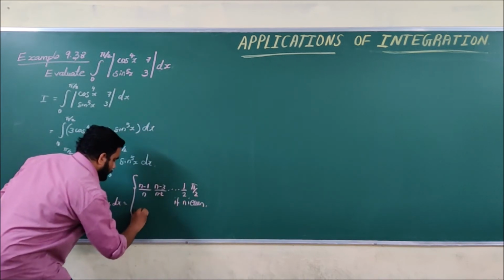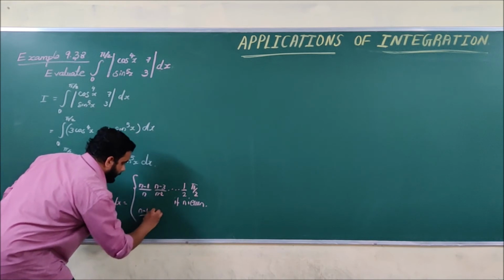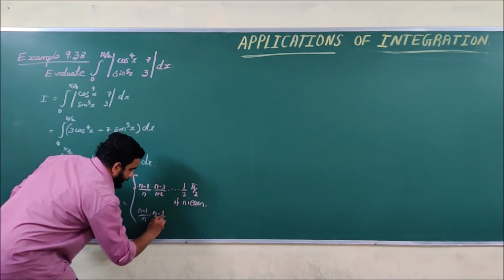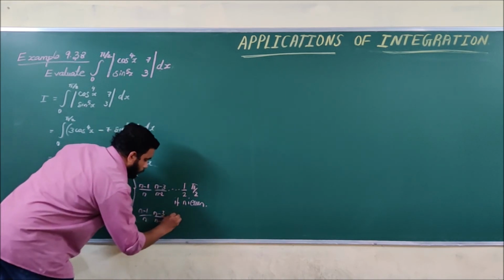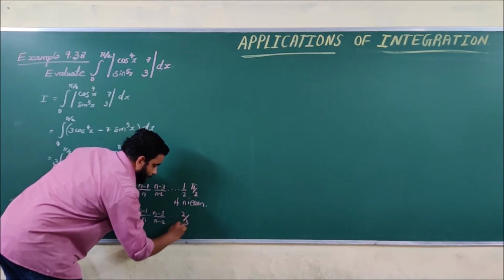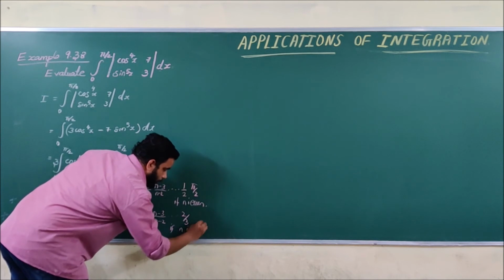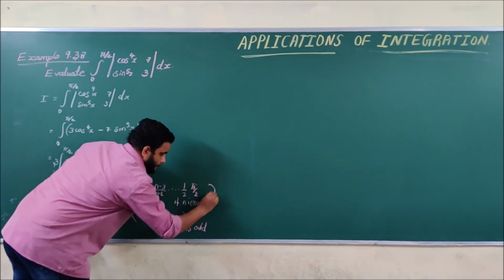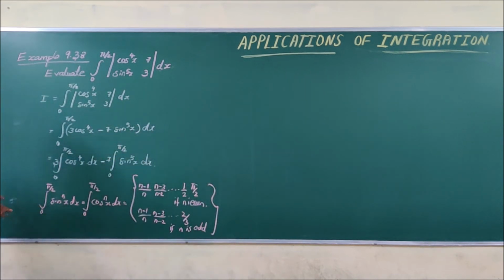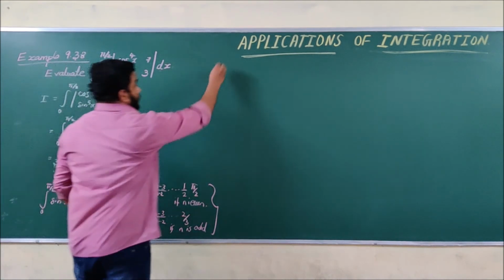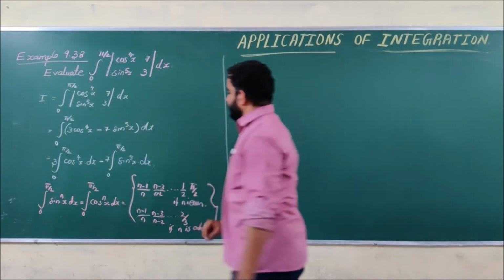Next, (n minus 1)/n times (n minus 3)/(n minus 2) going to 2/3 if n is odd. Do you understand this formula? Next, I am applying this formula.